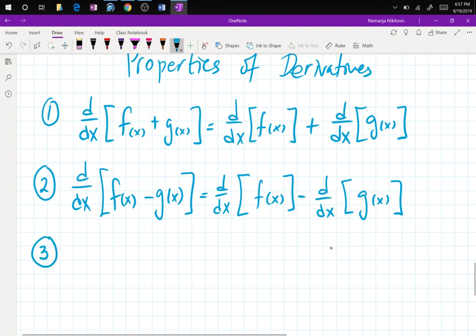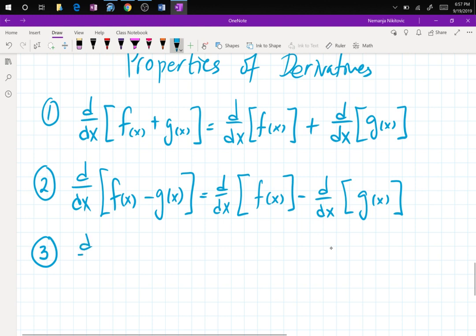Last one on this list, number 3. Just like limits, it tells you that you can kick the constant outside of the, what do you call it, the derivative, and then multiply that constant later.